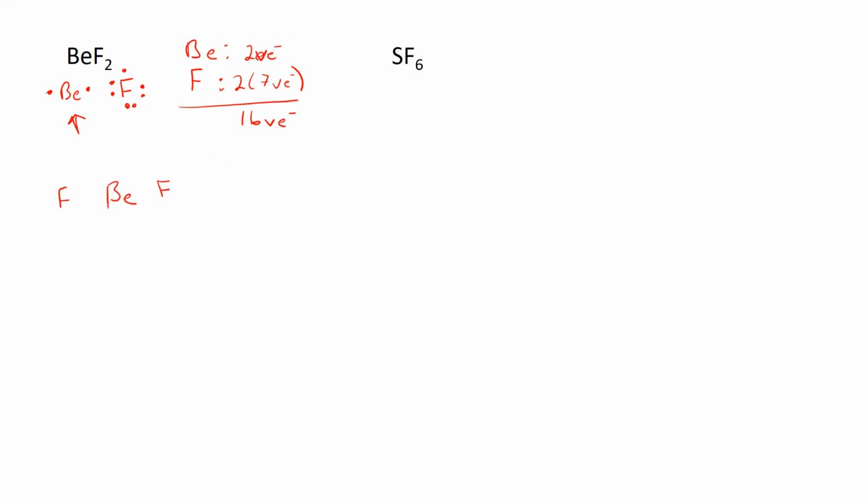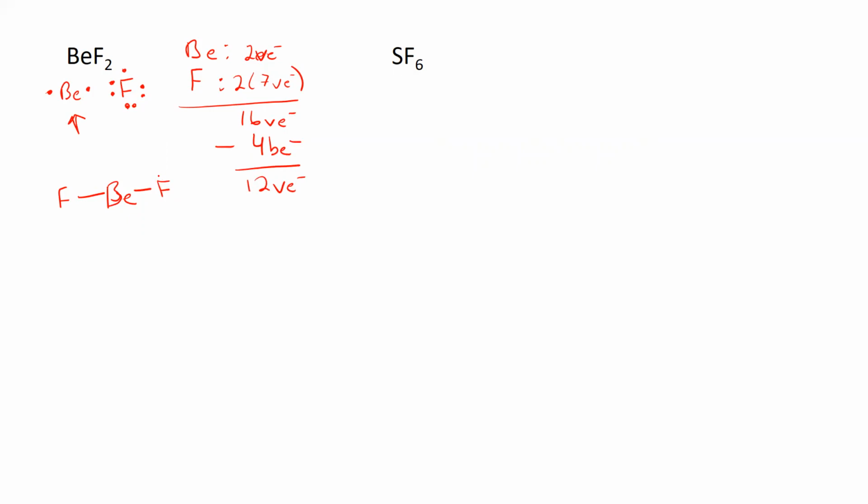Okay, once we have the beryllium and the fluorines, we're going to draw bonds. That's 4 bonding electrons from the 2 bonds, so minus 4 bonding electrons leaves you with 12 valence electrons to place. On these, we're going to place the electrons as lone pairs beginning with the more electronegative element. Generally, that more electronegative element is the one on the outside. Okay, it's the surrounding atom in many cases, except for when hydrogen's involved. So we're going to start placing electrons.